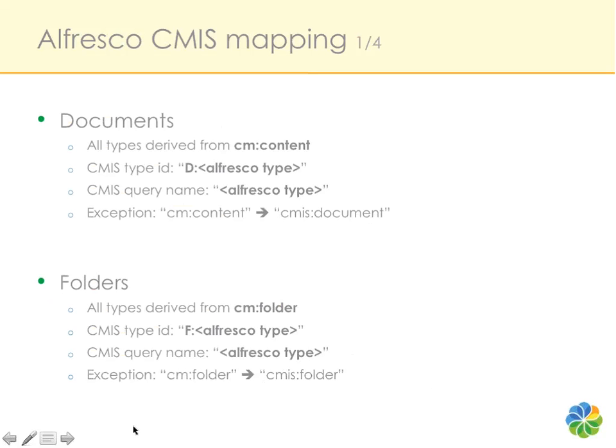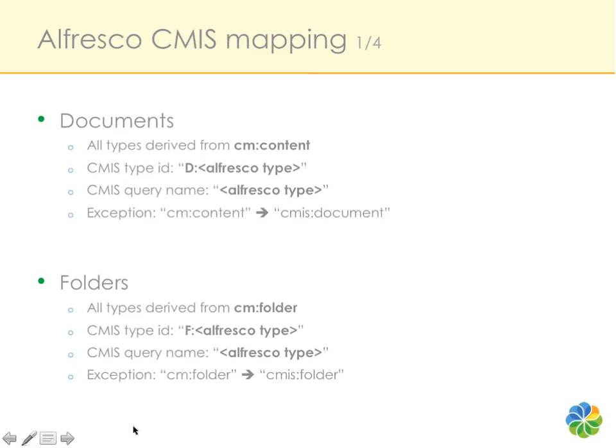Okay, let's start with the first one. I just want to go quickly over this because it's actually really boring. So what's mapped to CMIS? All documents that are derived from cm:content are mapped to CMIS types. The CMIS type ID starts with D:, and we once in a while get the question, why is that?